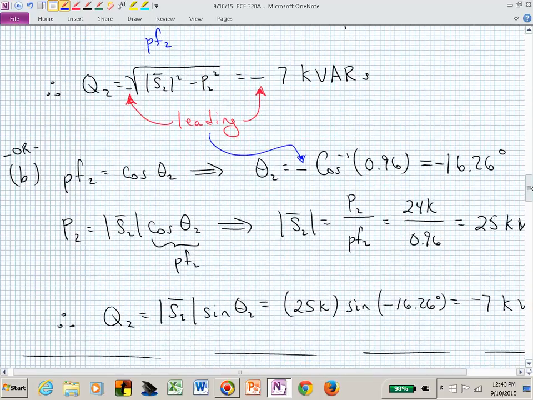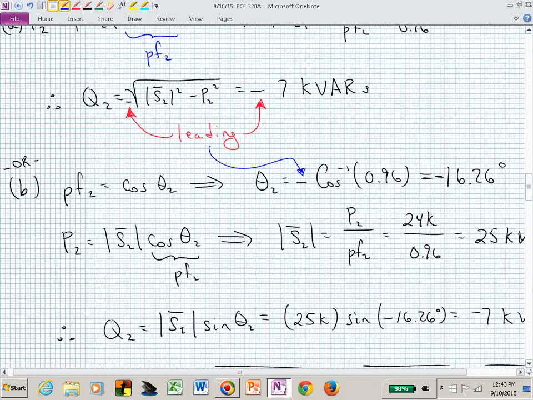We could have solved that by finding our angle first. In the first approach to solving for that second load's power triangle, we didn't even explicitly find that angle. In the second approach, let's find that angle first. And we know it's negative because it's leading, or associated with a capacitive load. We now do the inverse cosine of 0.96, and that gives us minus 16 degrees.